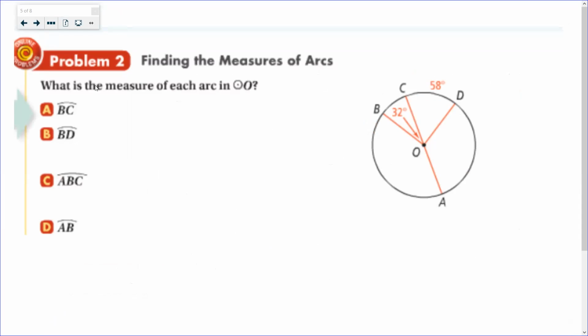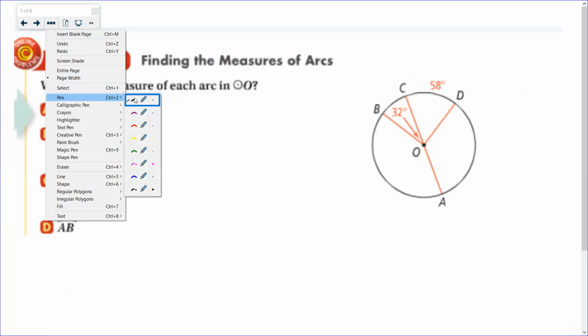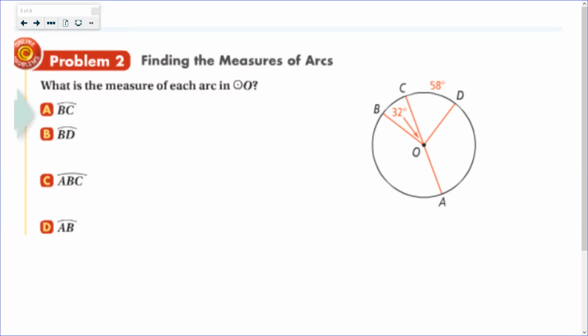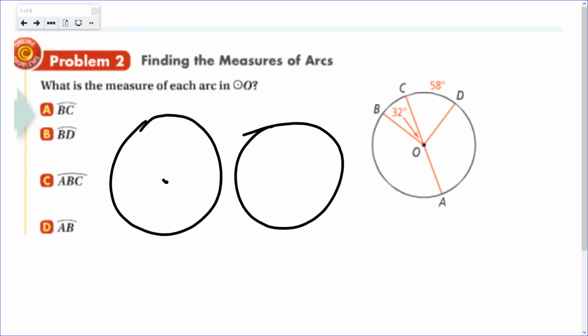So there are two ways of finding the measure of the major arc. The first way, look here. If there's an angle here and the measure of this angle is 40, so the measure of arc AC is 40.